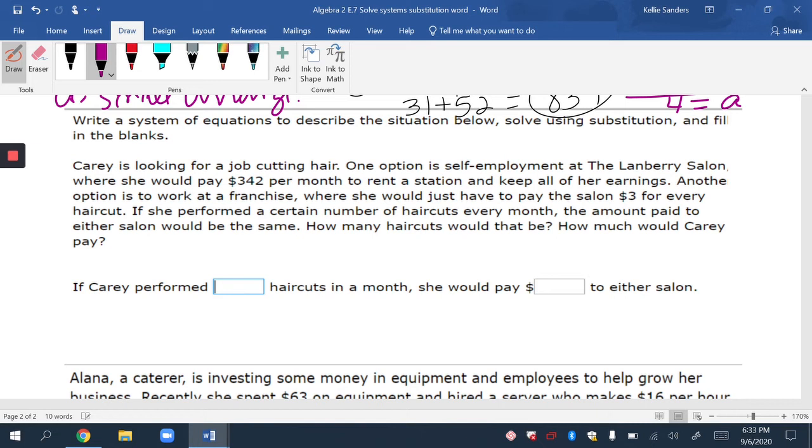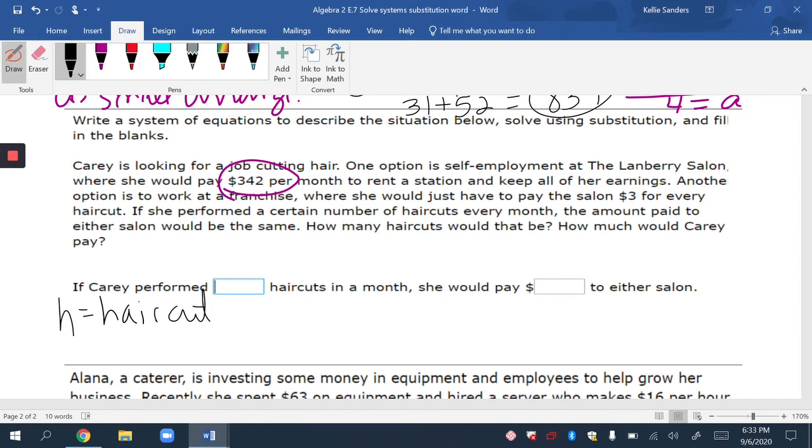Well, we really already know that one. We know that Carrie would pay $342 because it said that without any kind of money going out. But let's pretend that we don't. So, performed haircuts. So, H for haircut.